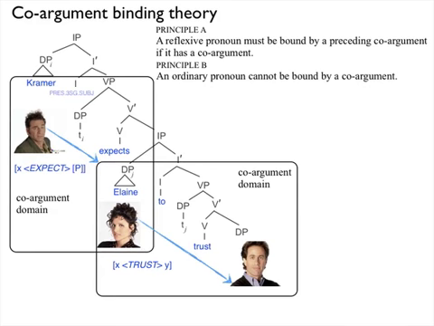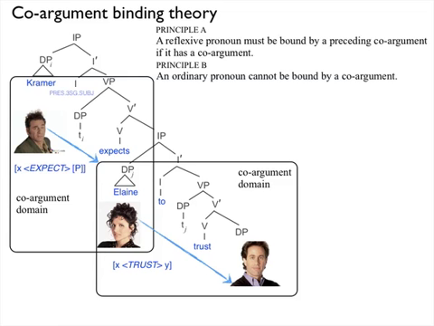And it's the version of the reflexive pronoun that goes into that embedded tense clause slot. Okay. Kramer expects Elaine. We have a different situation. Now the subject of the main clause and the subject of the embedded infinitival clause are co-arguments, right?